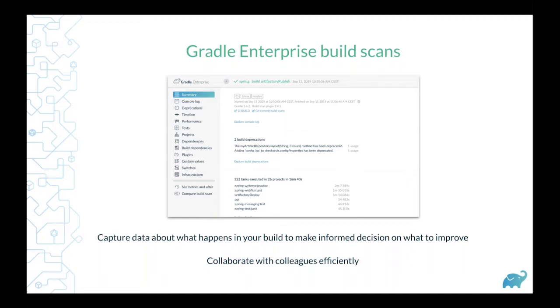If you run a build on CI and it's failing, and you look at the scan and realize you now know what happened but you're at your limits and need somebody else's help, maybe you come to me and ask for it. I can just share such a build scan, and we can collaborate efficiently on it.